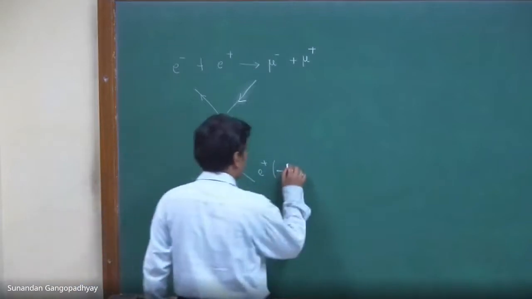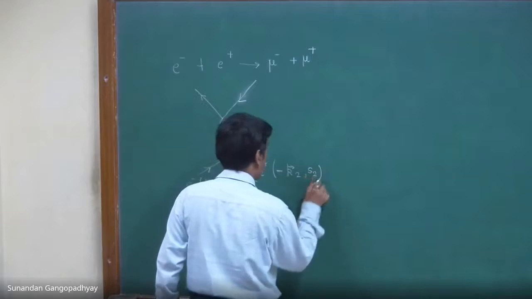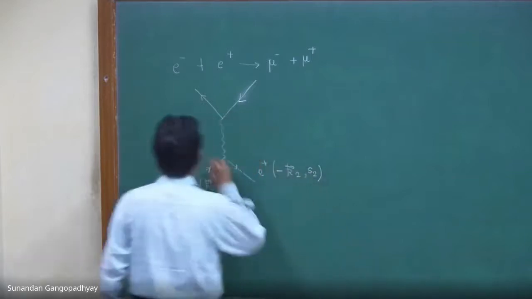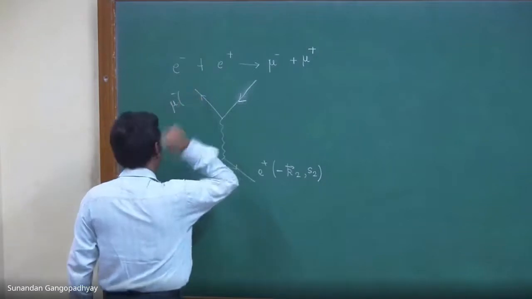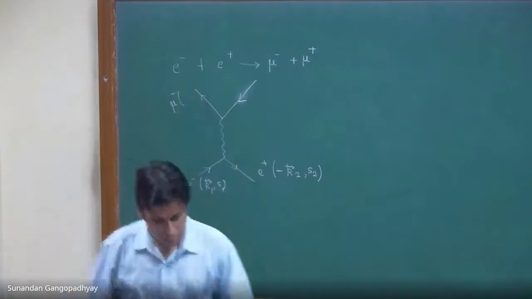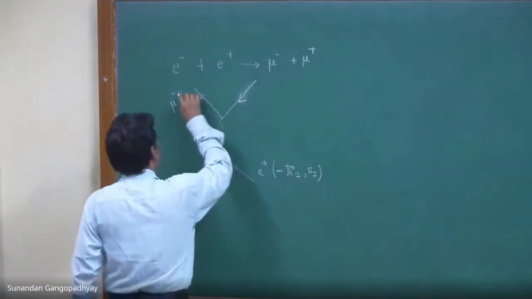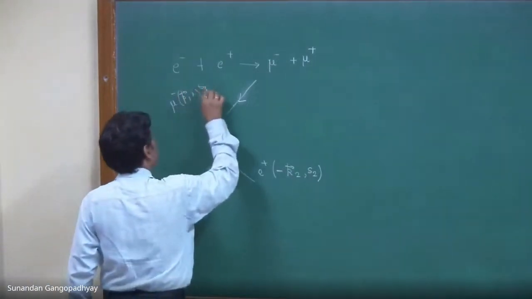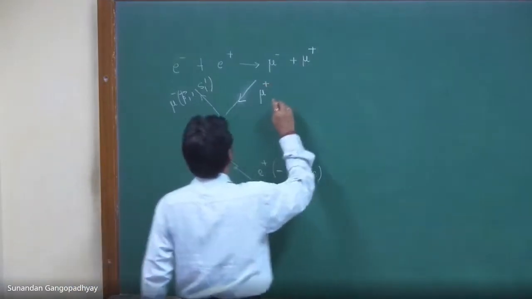You just see the labels. The labels include P1, and P2 prime, plus.